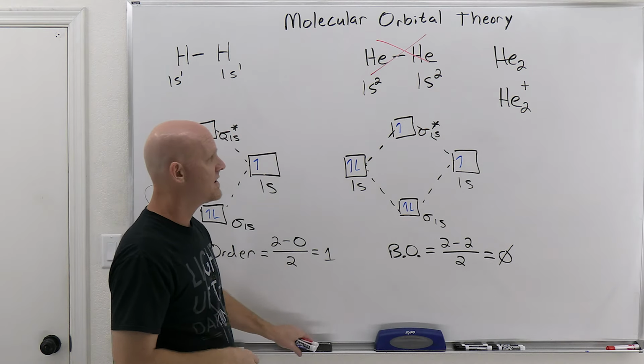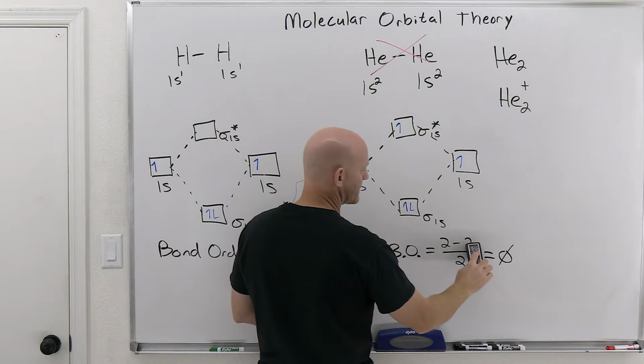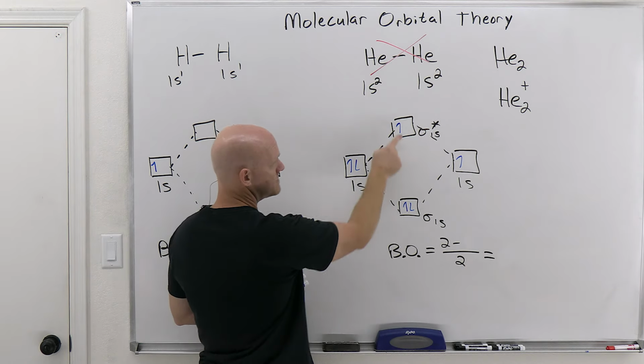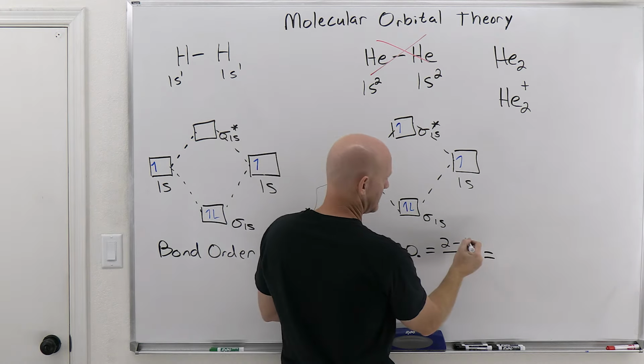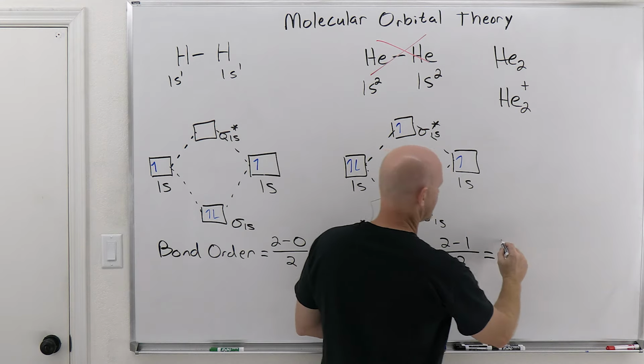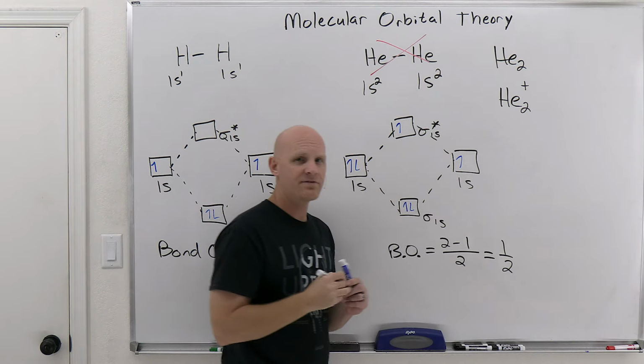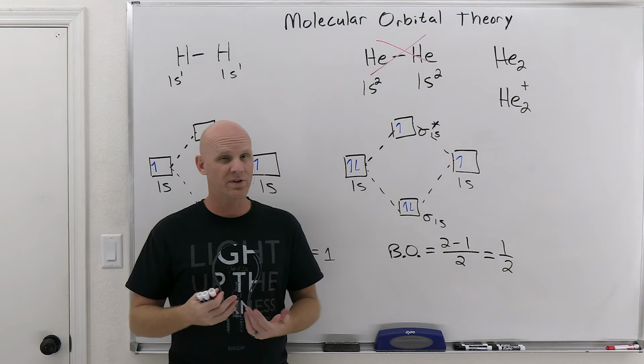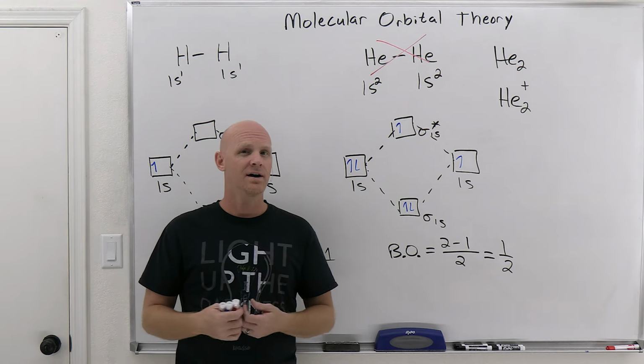And that's going to change our calculation for bond order now. And so we'd have 2 minus 1 all over 2, and we'd get a bond order of 1/2. And that's greater than 0. It's the equivalent of like half a bond, which we don't really have a Lewis structure analog for.